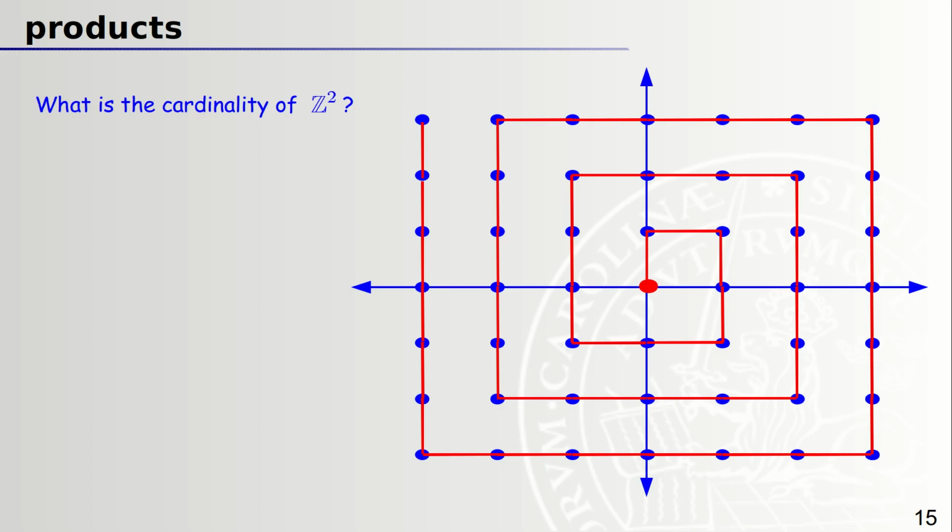Note that for any pair of integer numbers, the walk will eventually get to it. The key here is that this allows us to eventually assign every pair of integers a natural number, namely its sequence number in this spiral walk.